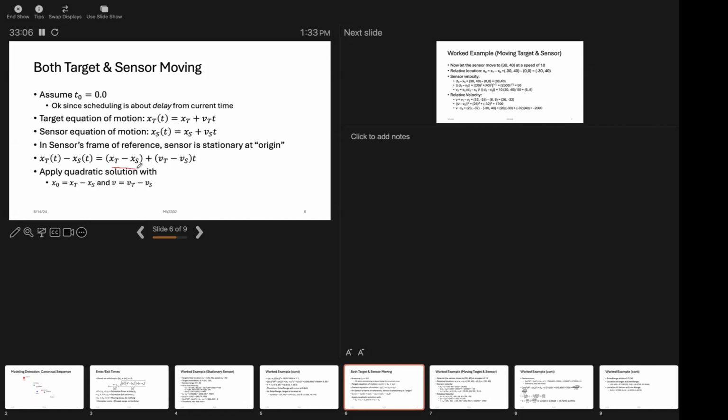So it's the difference between their location at the time we're starting this, plus the difference of their relative velocities times the elapsed time. And now all we need to do is apply the quadratic solution, taking our x naught as this relative location and our velocity as the relative velocity.